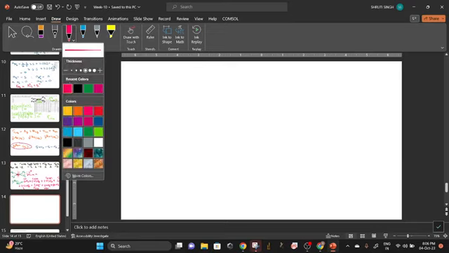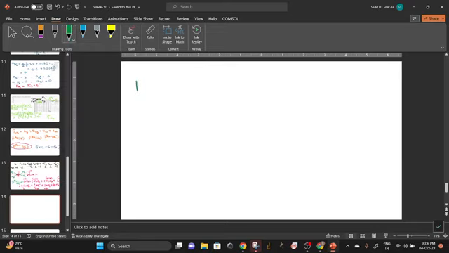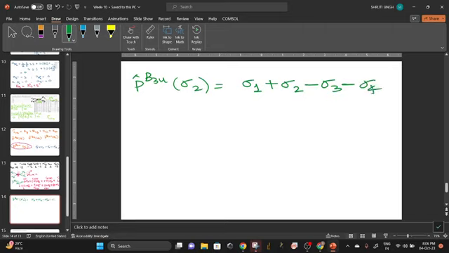So this gives that the projection operator of B3U when applied on sigma 2 gives sigma 1 plus sigma 2 minus sigma 3 minus sigma 4, times 2.